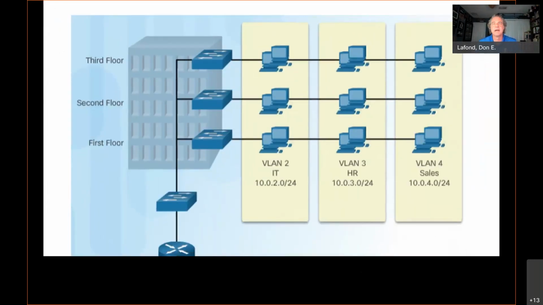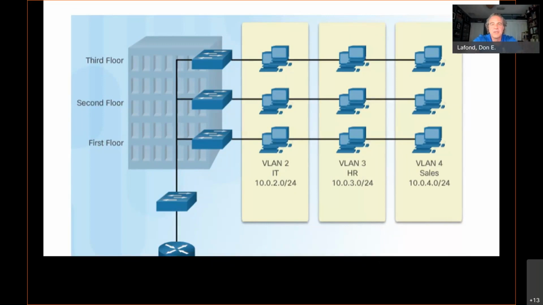We have 3 different floors, but instead of having a physical layout with a floor 1 switch, floor 2 switch, floor 3 switch, we actually have different computers on each floor. So VLAN 2, for example, includes computers on each floor, and that's not unusual in a corporation.